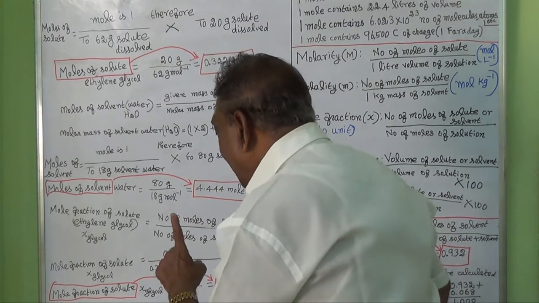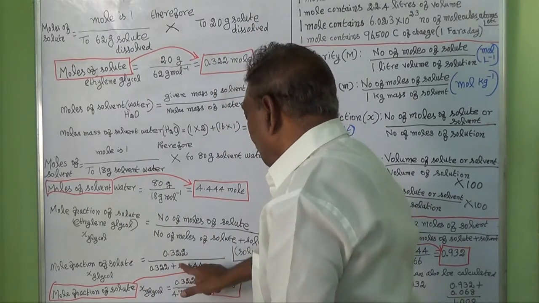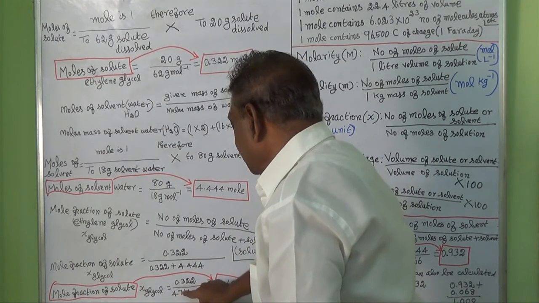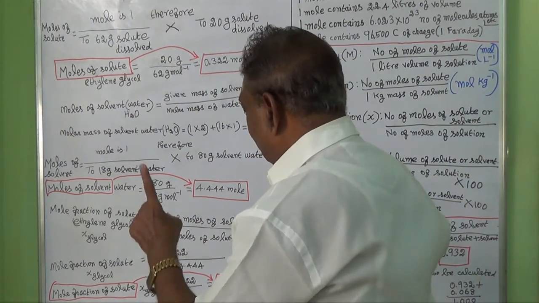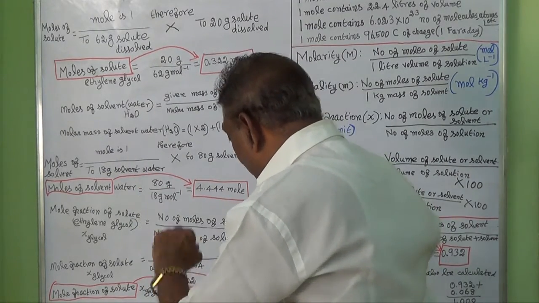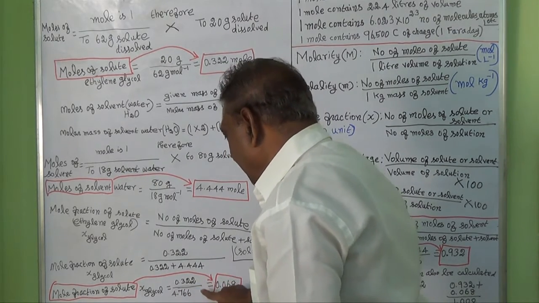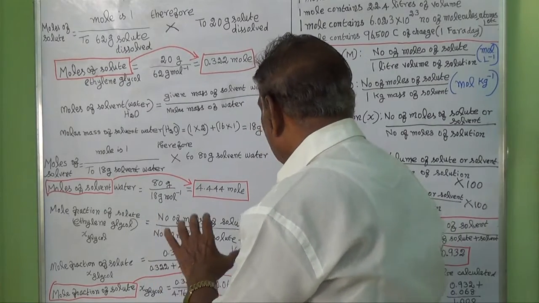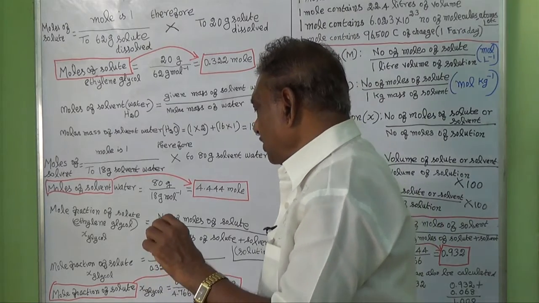If we add 0.322 and 4.444, we will get 4.766. If we divide 0.322 by 4.766, we will get the mole fraction of the solute as 0.068.